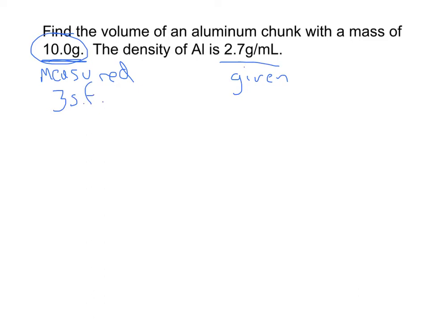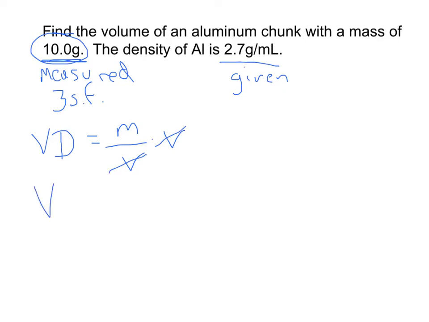So again, we go back to our main density relationship. Density of a substance is its mass divided by its volume. And in this case, we want to solve the equation for volume. So volume is in the denominator on the right. Let's first of all multiply both sides of the equation by volume, which will divide it out there.